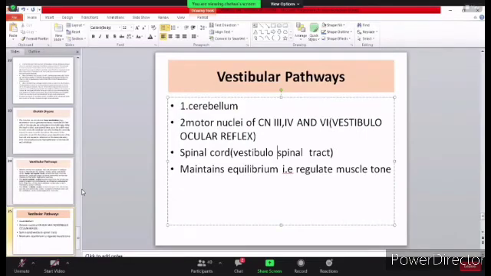The macula in the saccule or utricle will sense, for example, you're jumping up and down, or you're in an elevator moving up and down, up and down. What will help you sense that, oh, now I've reached, or now I need to stand properly so I don't fall, is that the cupula will move and send the signals to the vestibular nerve.